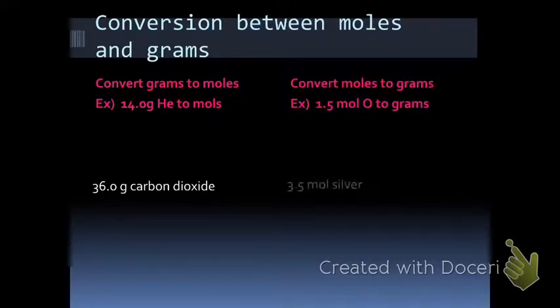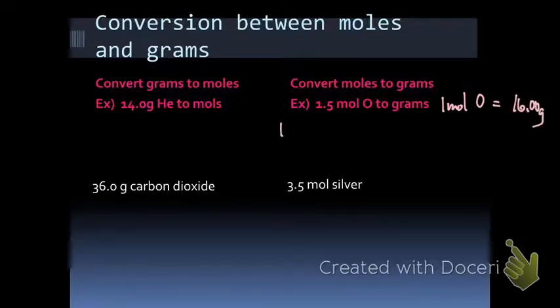What about if we want to convert moles back to grams? Well, you'll still use the same conversion. It'll just look a little different. So if I want to convert moles to grams, then I start with 1.5 moles of oxygen. Well, I know 1 mole of oxygen is equal to how many grams? It's 16.00 grams. Okay?